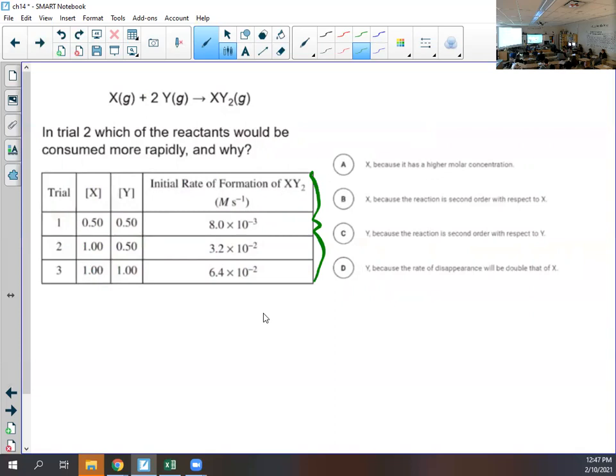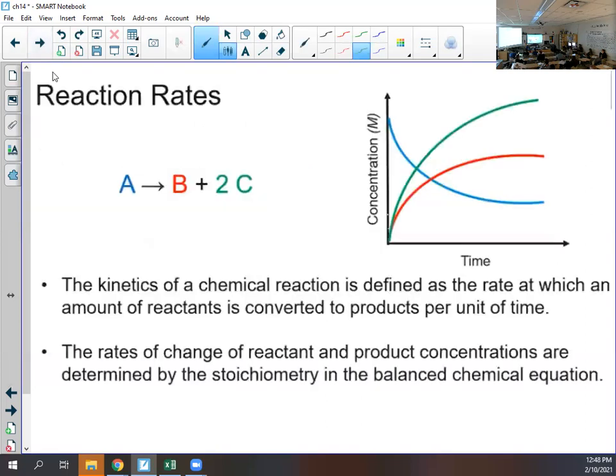That might say how fast the overall reaction goes, but still twice as much Y will be consumed than X, no matter what the ratio is. Well, what if they have different masses? Doesn't matter, because you're still eating more Y in proportion to X. If it said something like moles, then that's possible, but they're not going to make you compare a mole to a gram and then compare the rates. Okay, so here we go.